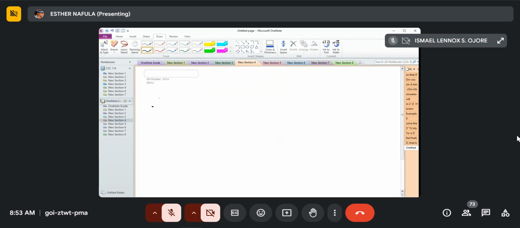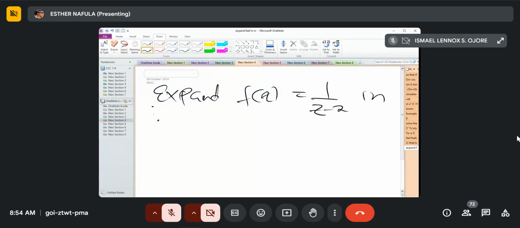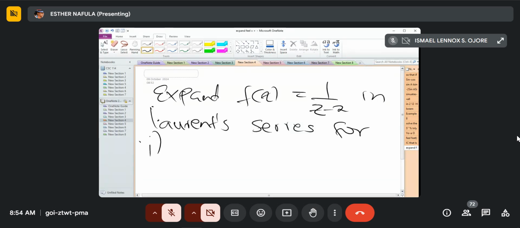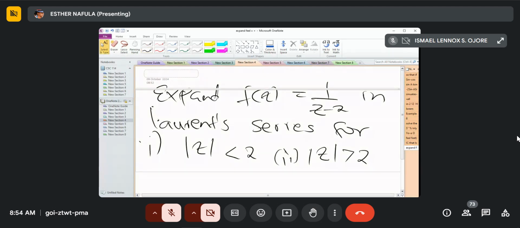So expand f of z equals 1 over z minus 2 in Laurent series for modulus of z less than 2. I think I can also give it for modulus of z greater than 2. So that will illustrate all the possible cases.